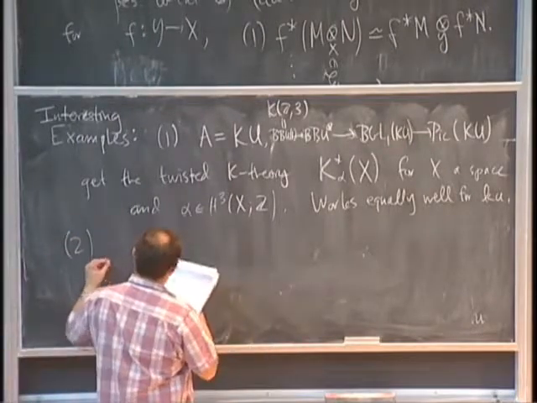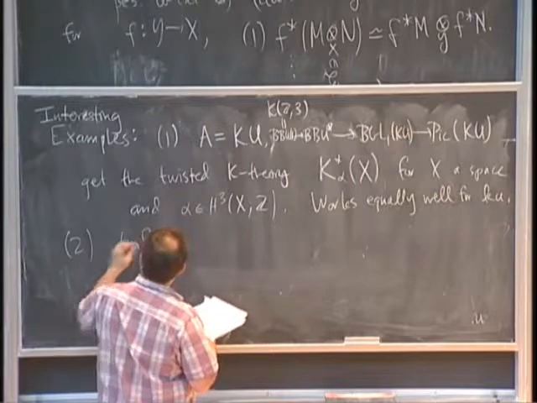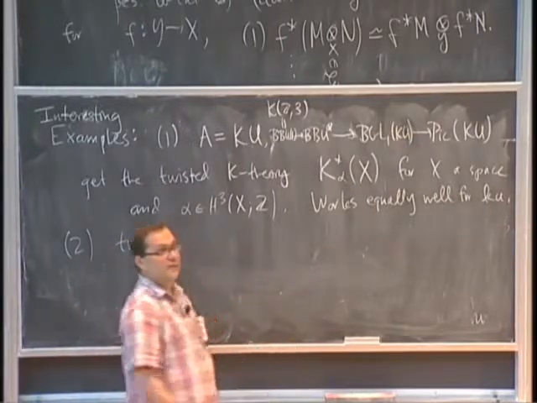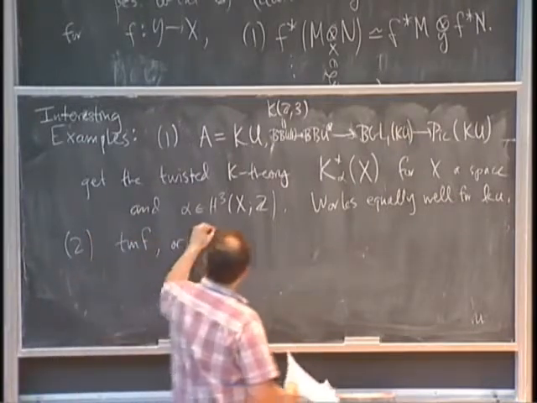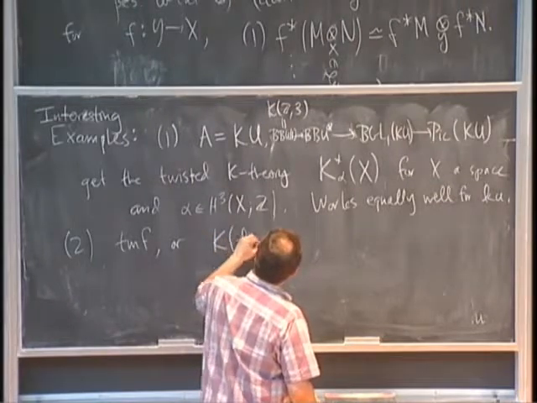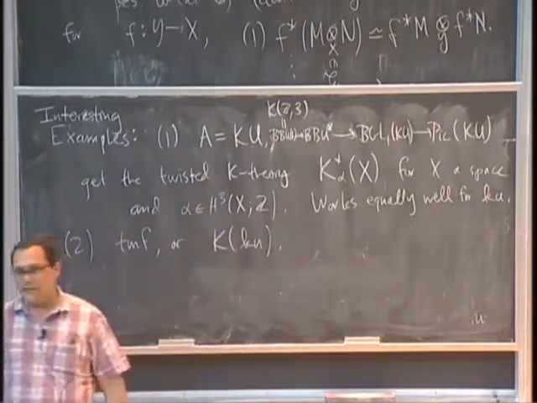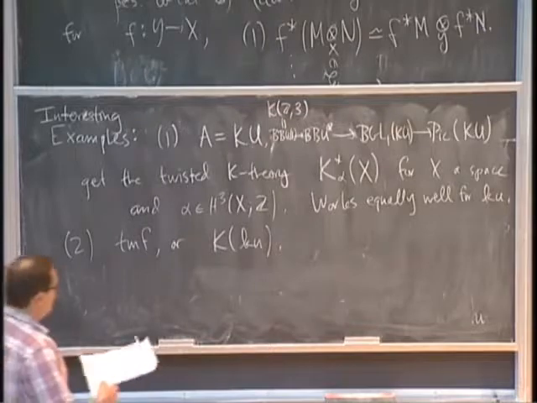So what about TMF? Or, as Bjorn mentioned, we could also consider K of ku. Do we have any canonical twists here?